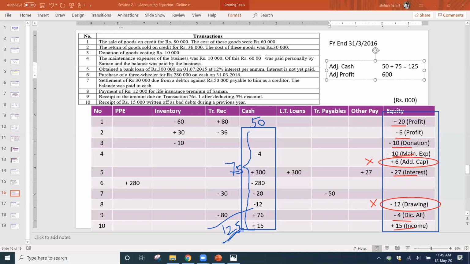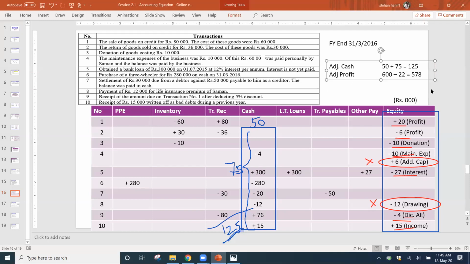Now I got the answer. 578. So minus 20 equals 578. 578. I hope this question is clear.